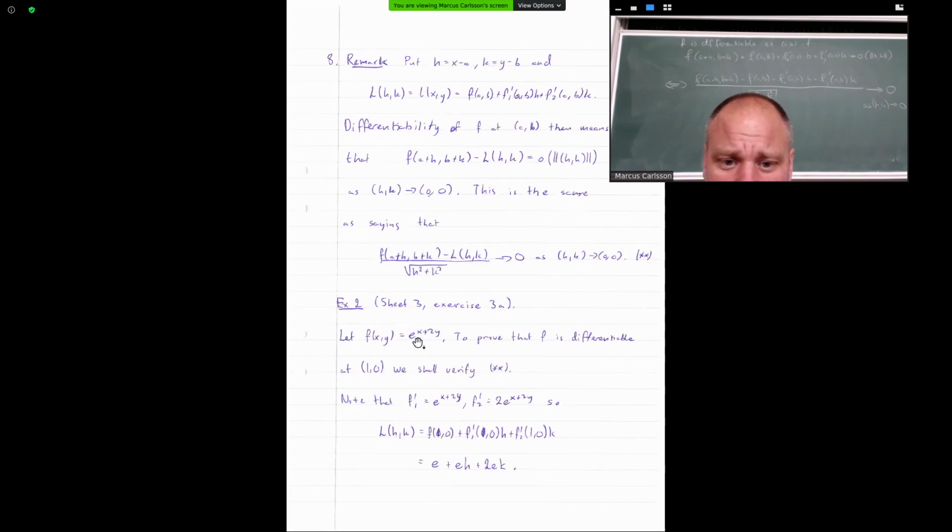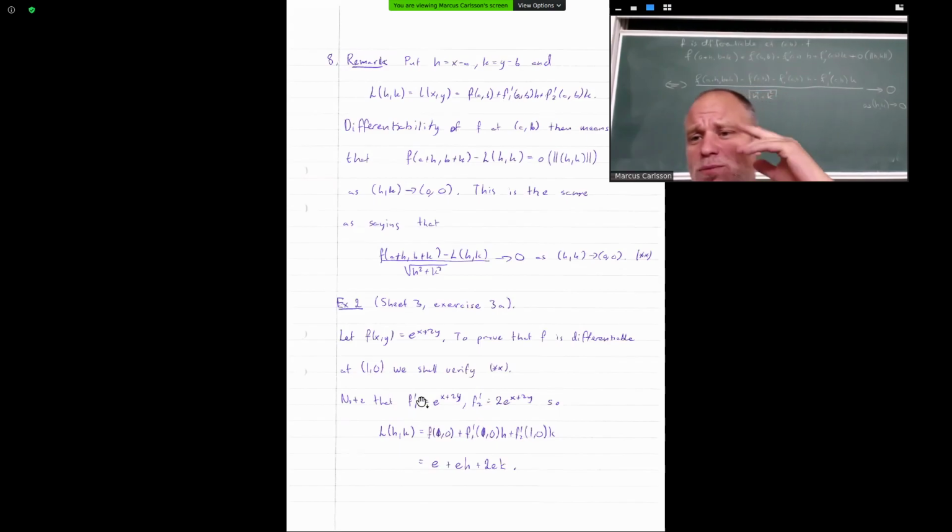Well, the book actually has an example here. It takes the function e to the x plus 2y and does it the hard way. It goes through all the details and checks that the corresponding limit is 0 at the point (1,0). I encourage all of you to look at this example carefully.